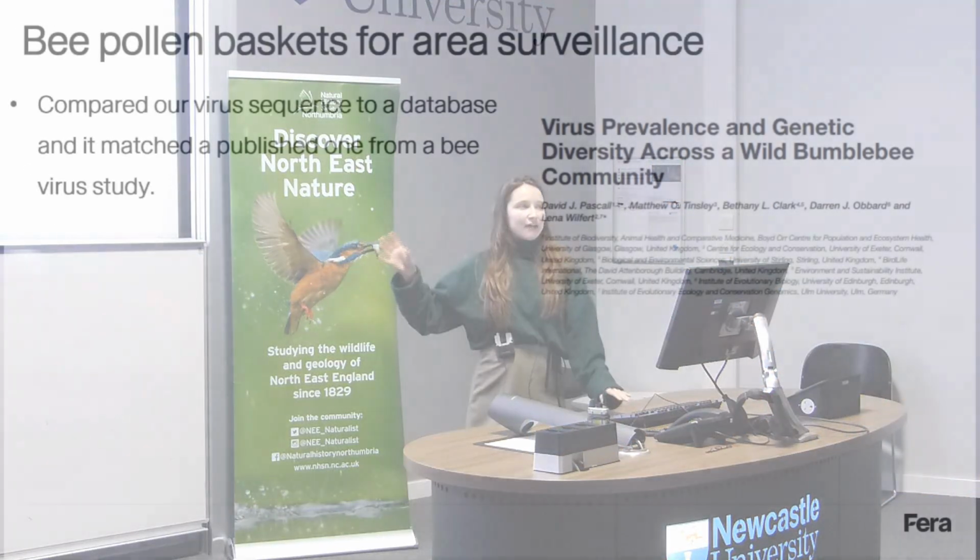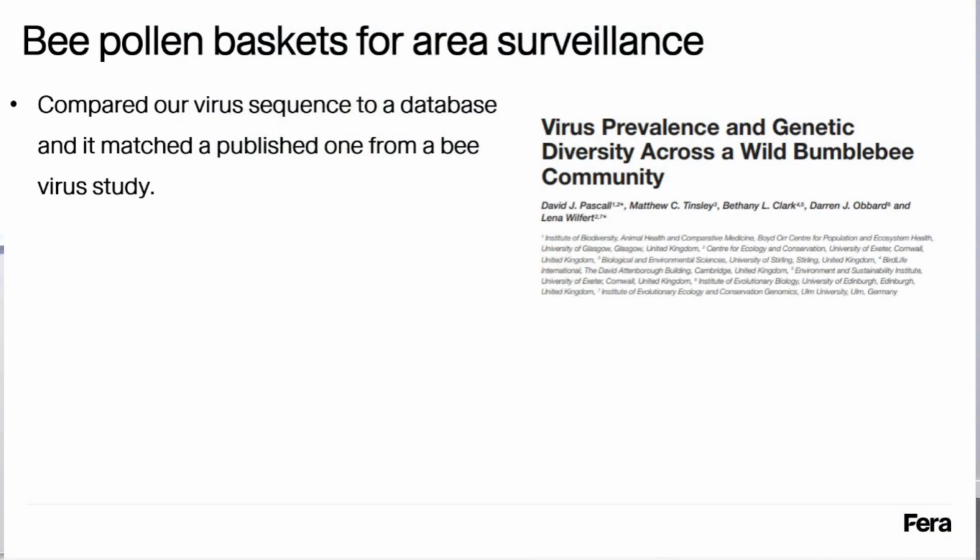So, everything I've told you about so far is based on leaf material. So there's people going out, testing trees, finding trees, sampling them, sending us the material in. But we were able to look at this survey for this virus in a slightly different way. Through our testing, we were able to get a DNA sequence of our virus, and we compared it to an online database.